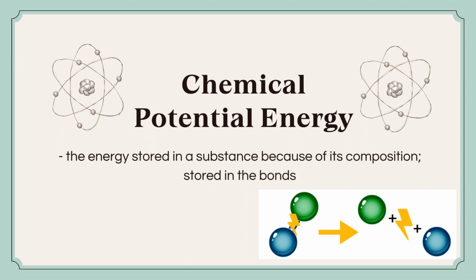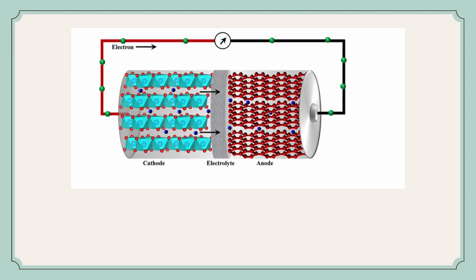So an example of chemical potential energy includes a battery. Now, alone, a battery isn't doing anything, but once that circuit is connected between the cathode and the anode, when it is inserted into whatever you're putting it in, there is a chemical reaction that occurs inside the battery, specifically in the electrolyte, where bonds are broken and energy is released.